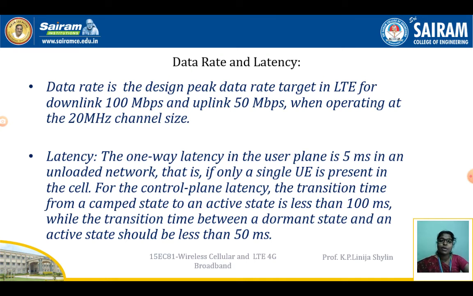Whenever a single user equipment is present in the cell and the network is unloaded in the user plane, the latency is 5 milliseconds. For the control plane latency, the transition time from a camped state to an active state is less than 100 milliseconds, while the transition time between a dormant state and an active state should be less than 50 milliseconds.